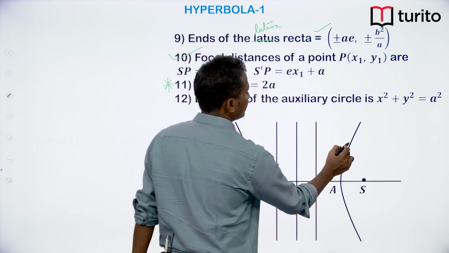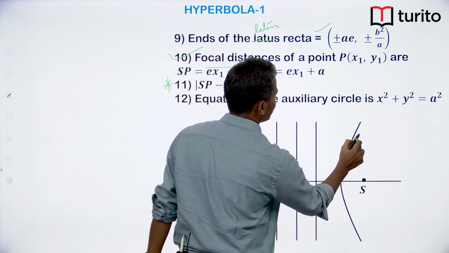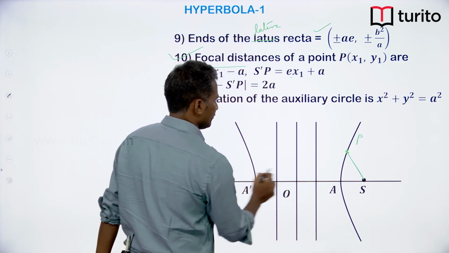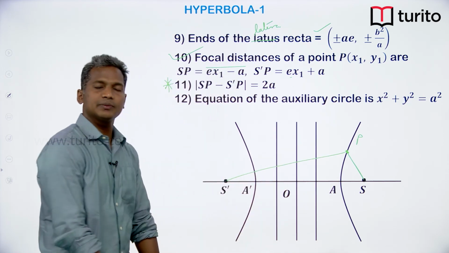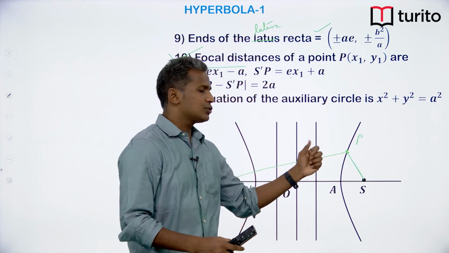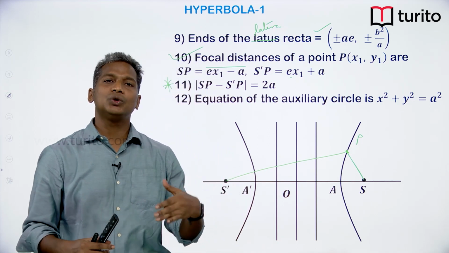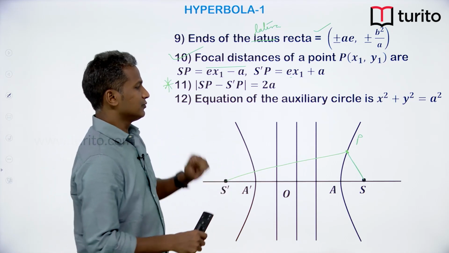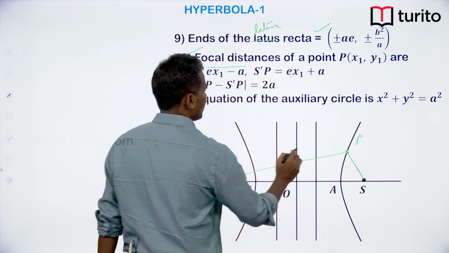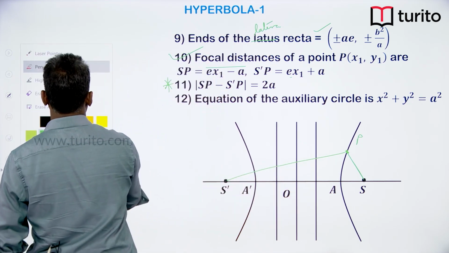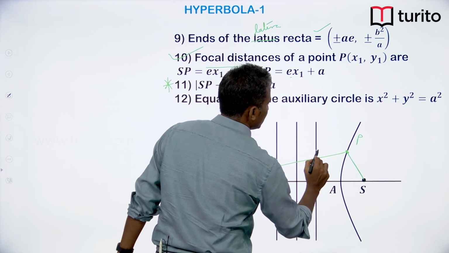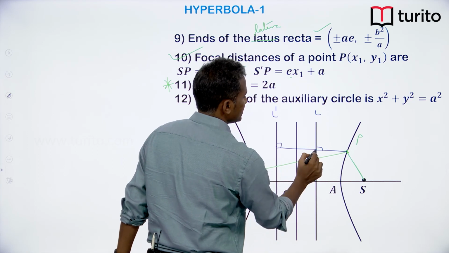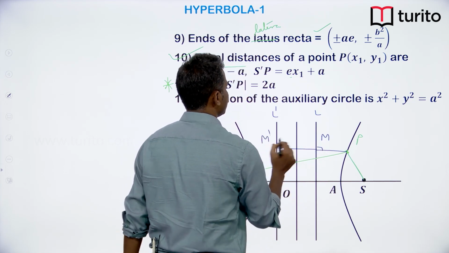Suppose I have taken a point P here. From S the distance is SP, and from S dash the distance is S dash P. The difference of these two is always equal to 2a, which is the length of the transverse axis. But how do we prove this? Suppose we take the distances of P from the directrices L and L dash, meeting at points M and M dash.